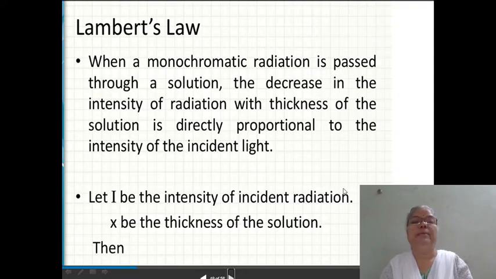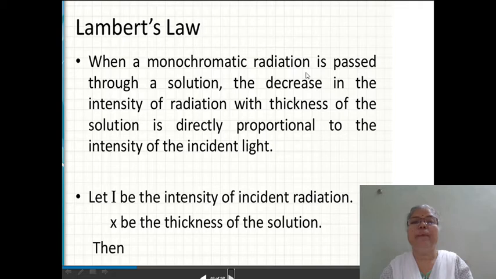Then we will turn towards the statement of Lambert's law. The scientist Lambert first investigated how the intensity of incident light decreases with the thickness of the absorbing medium, and he formulated his investigation in the form of Lambert's law. The statement of Lambert's law is as follows.